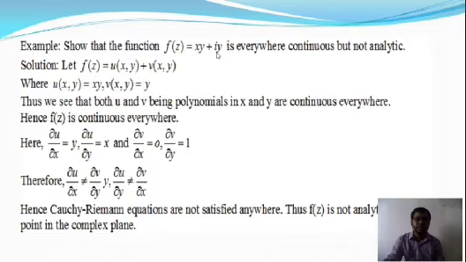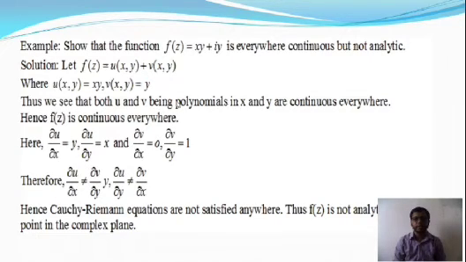This function is continuous, that means u and v are continuous functions, but the function is not differentiable or not analytic. That means either the partial derivatives do not exist, or the Cauchy-Riemann equation is not satisfied. If any one of these conditions is not satisfied, then I will say the function is not analytic.